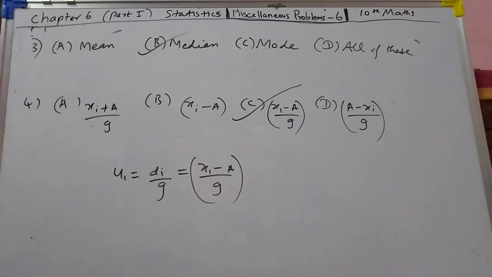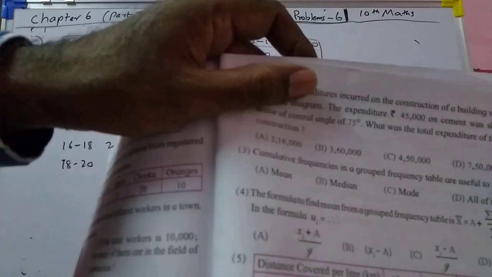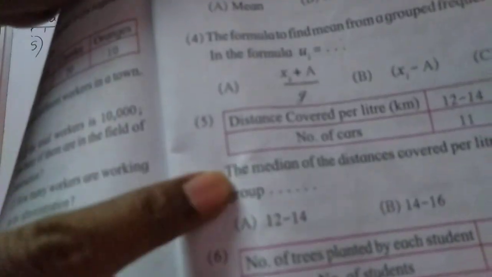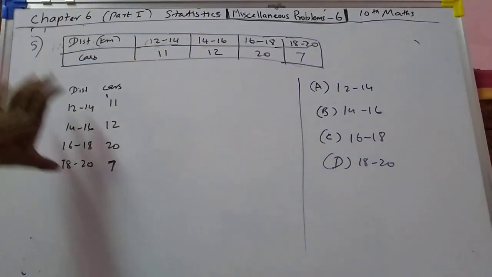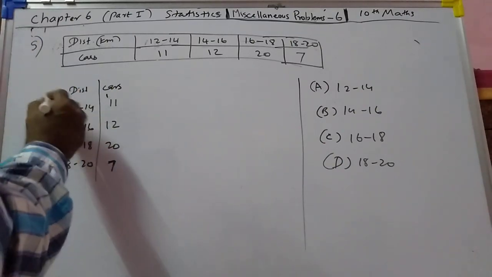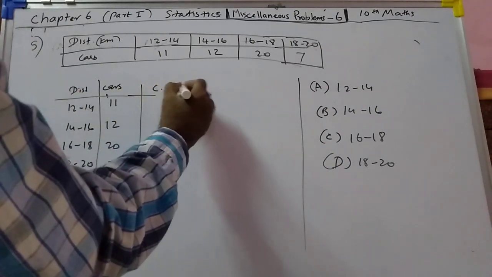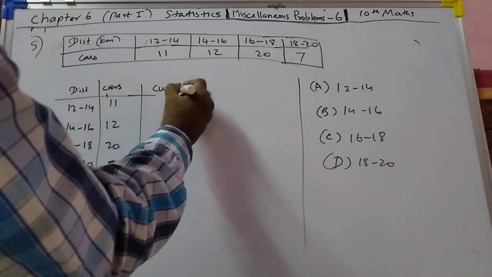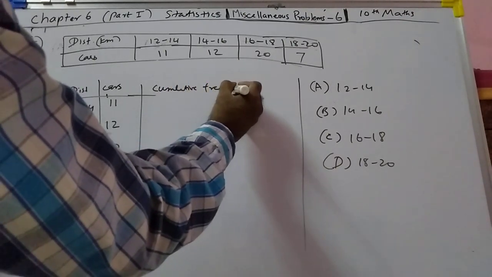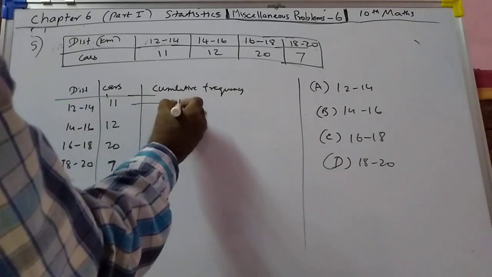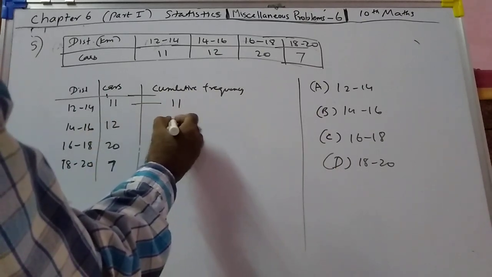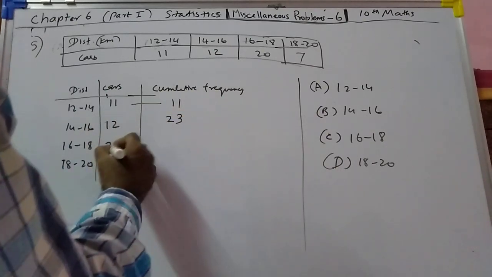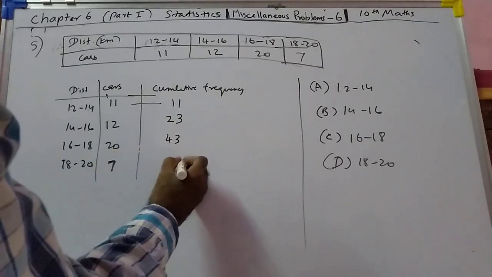Now let's do this one. Fifth problem. You have to find where the median is lying, the median class. Calculate cumulative frequency. 11 plus 12 is 23, then 43, then 50.